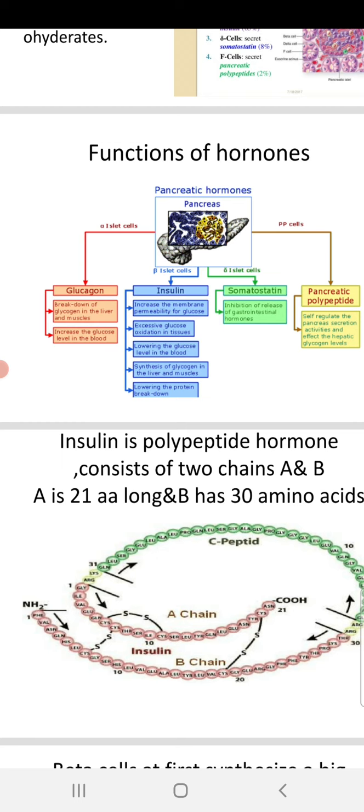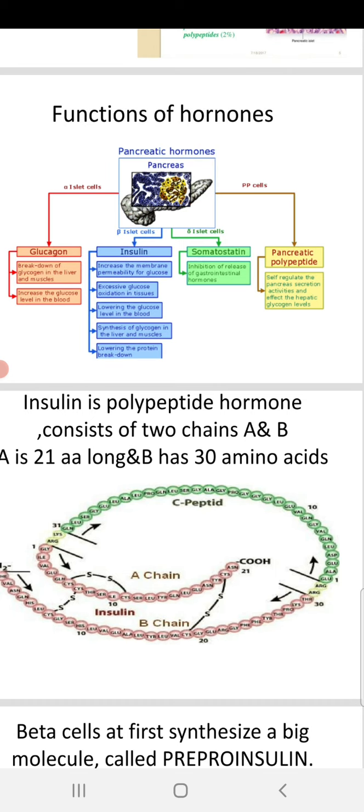Insulin is a polypeptide hormone, consisting of 2 chains, alpha and beta, A and B. A is 21 amino acids long and B has 30 amino acids.